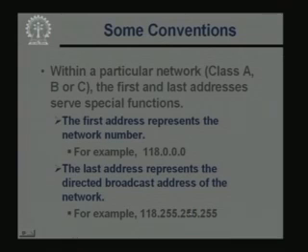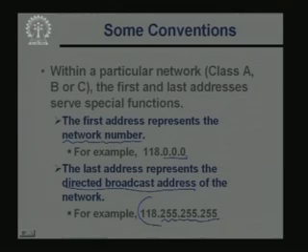And there are some conventions you also follow: within a particular network, the first and last addresses serve special functions. The first address, for example 198.0.0.0, represents the network number, so it cannot be used as a host number. The last address, which ends with 255, represents a directed broadcast address to this network 198.0.0.0.